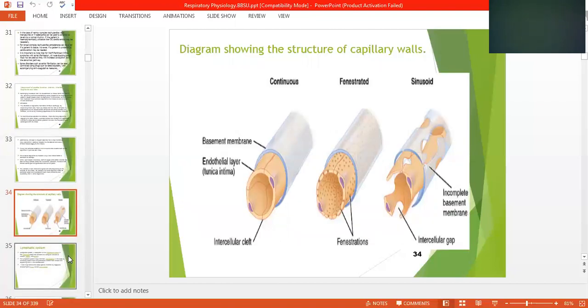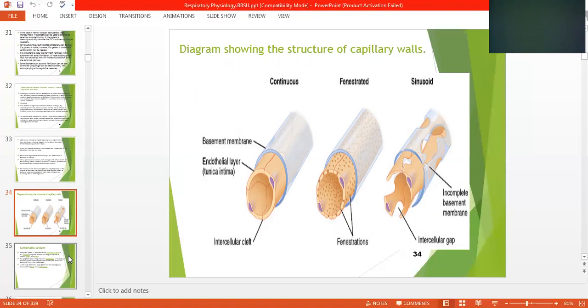Here is a diagram showing the structure of the capillaries. On the top is a basement membrane, then an endothelial layer, which we call the tunica intima, because there are three layers in the capillaries. Then the intercellular cleft.